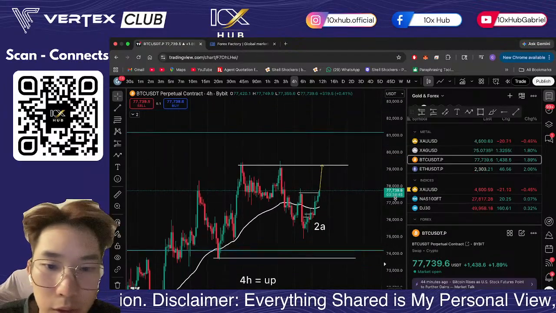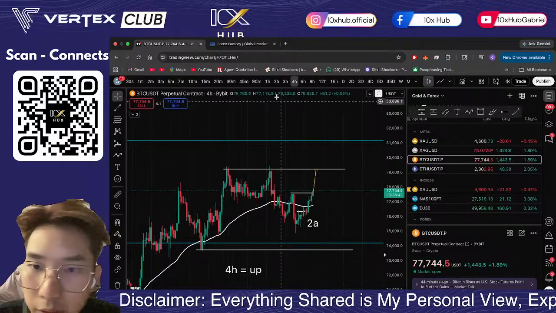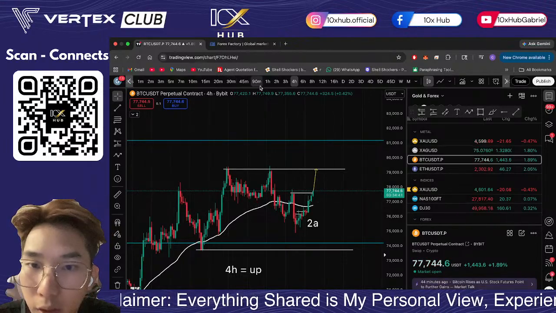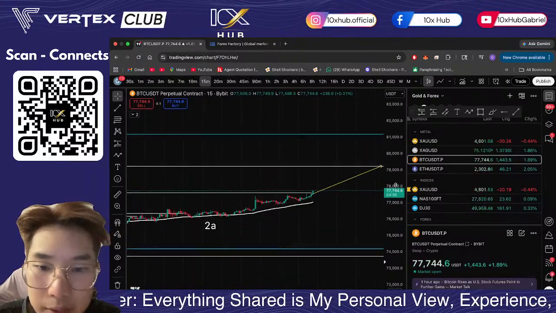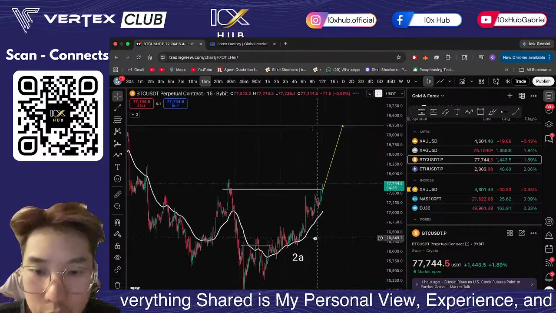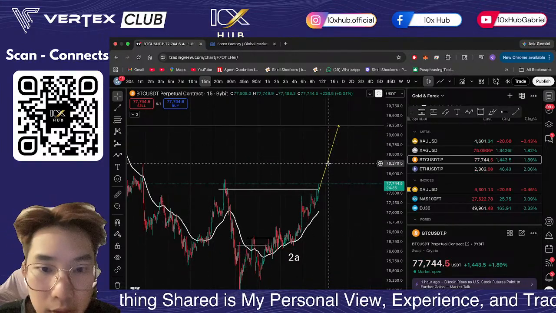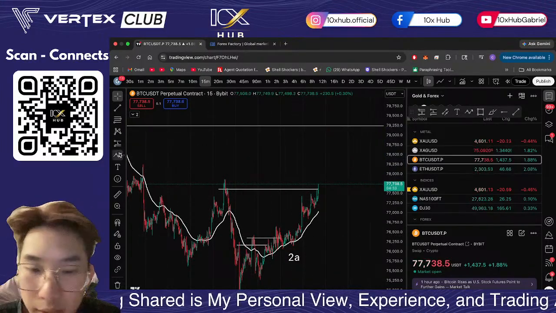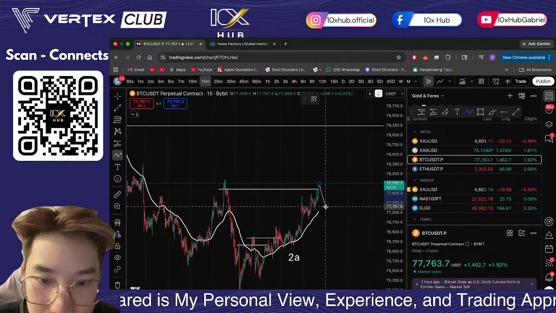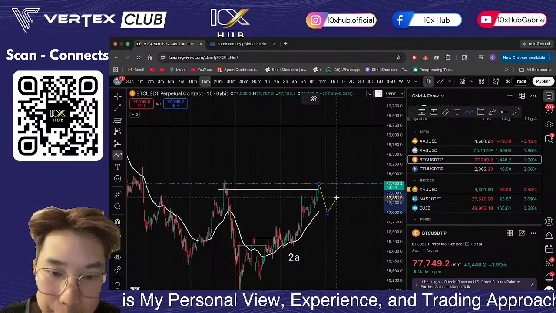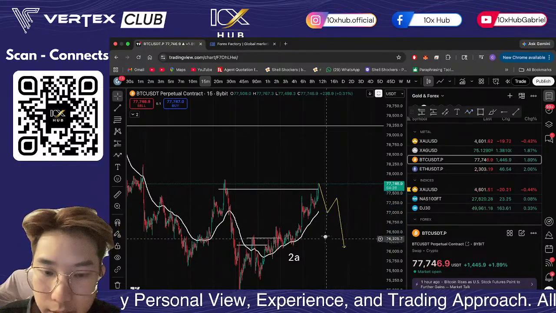Alright, so if we really want to look for a long entry, perhaps we need to wait for a retracement in 15 minutes first. What I need to see is at least it goes down a bit, somewhere around this area.